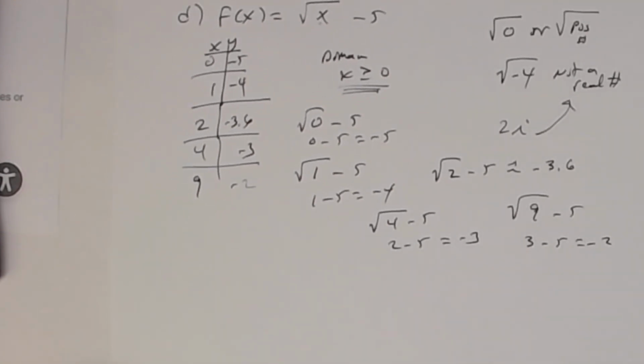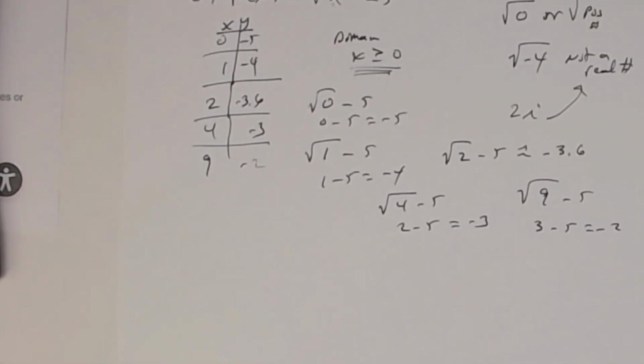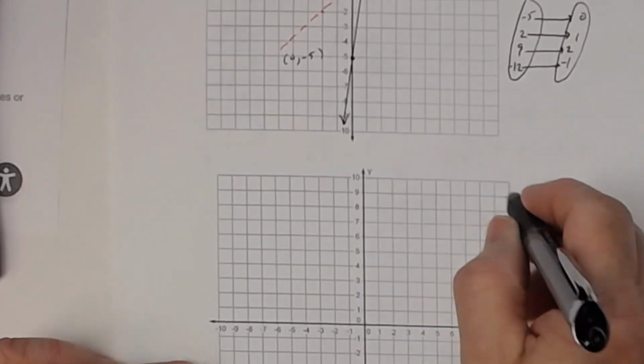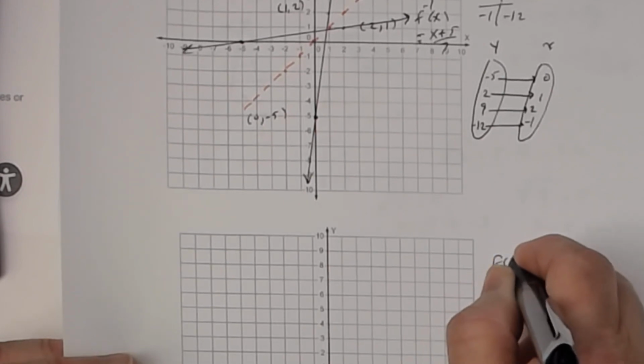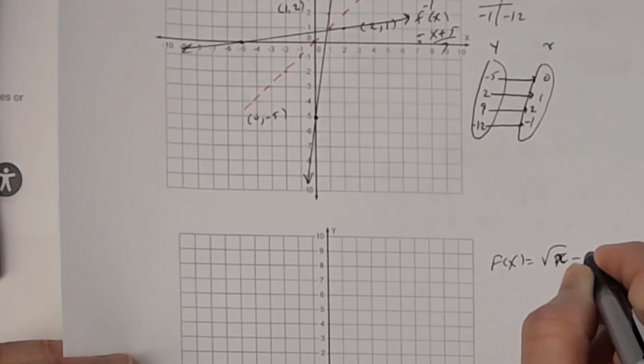All right, and so just real quick, just to show you, I'm going to go ahead and graph f of x, which equals the square root of x minus 5.